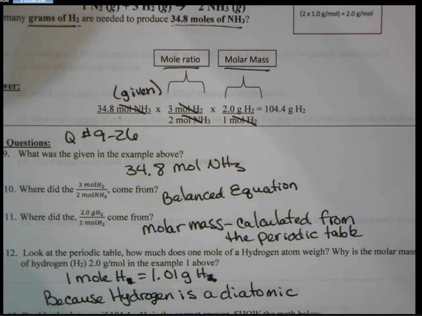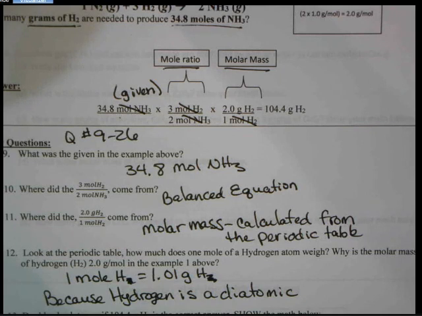So it's definitely a diatomic. Remember, we have our 7 diatomics that make our number 7. Always remember, if it's a diatomic, it will have a 2 in any balanced equation if it's on its own, okay?